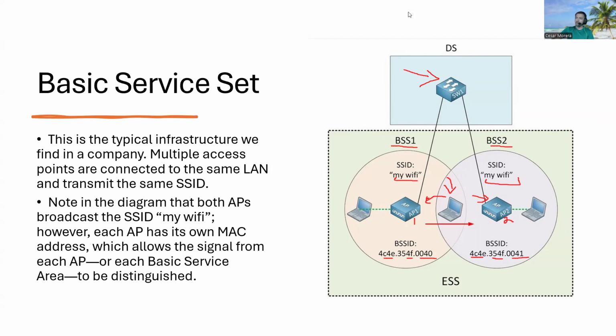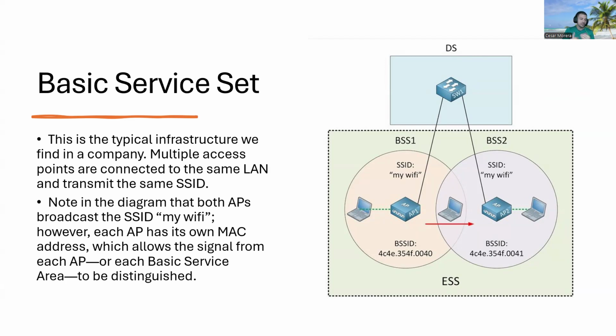Let's go ahead and clear the drawings for a moment, and let's take a look at this definition. This is the typical infrastructure we find in our company. Multiple access points are connected to the same LAN and transmit the same SSID. Note in that diagram that both APs broadcast the SSID my Wi-Fi.